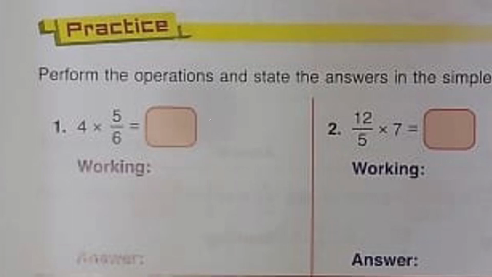Okay, so 4 times 5 over 6 is the same as 5 over 6 plus 5 over 6 plus 5 over 6 plus 5 over 6. Okay, it's exactly the same.